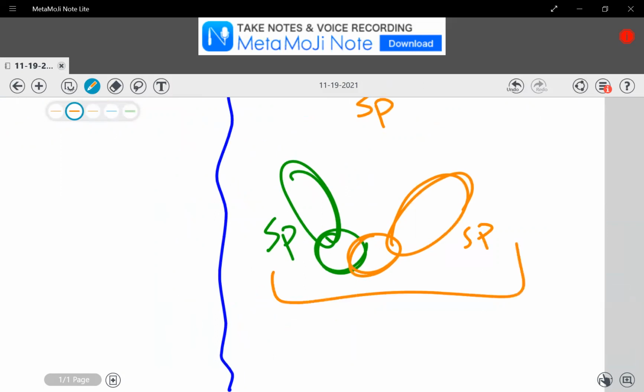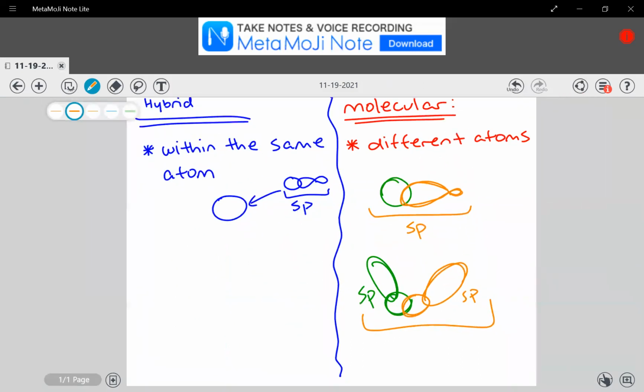It's molecular. Their hybrid orbitals are combining. Okay, fine, maybe their s and p orbitals can combine, but either way, you get the point. It's the two different atoms' hybrid orbitals that combine. That's a molecular orbital. Hybrid, it's just your classic S and P and maybe even D later on.